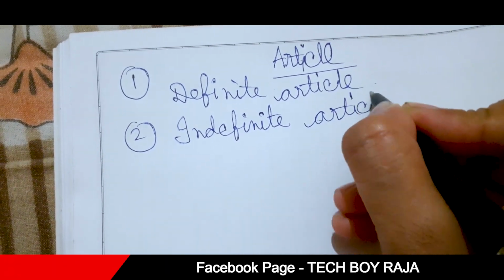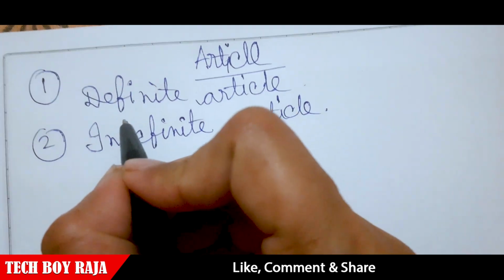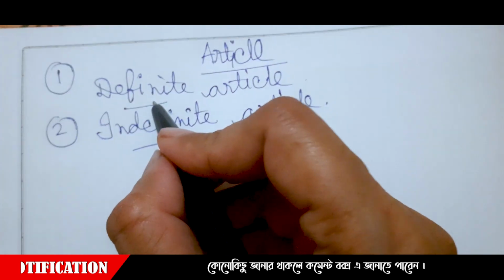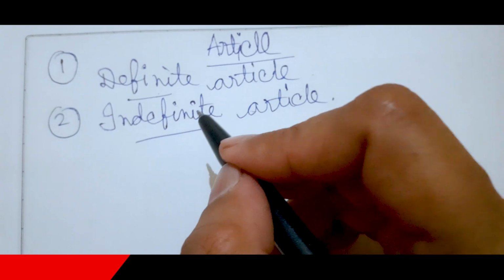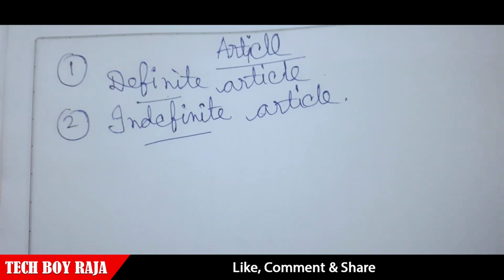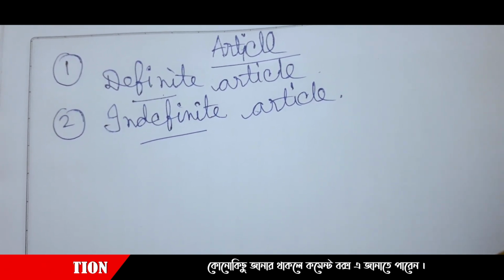Now, the definition of definite article and indefinite article, what is that? From the very word definite, it's very easy for all of you to understand. Definite means only what we are describing or mentioning particularly.